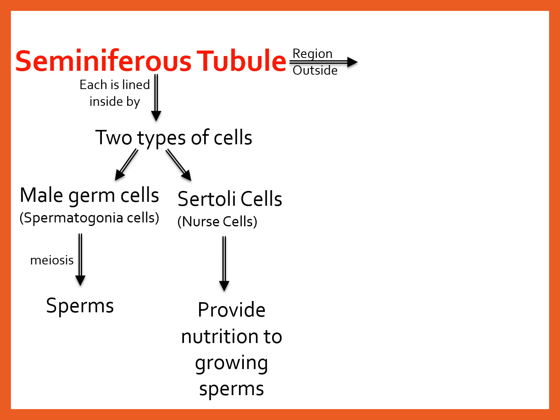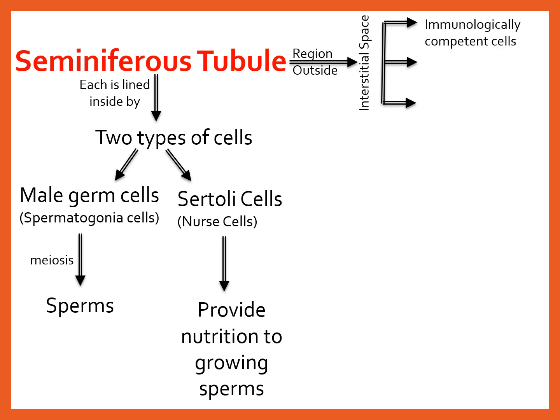Now, the region outside the seminiferous tubule is called the interstitial space. The interstitial space has three types of cells. One, the immunological cells. Two, the blood vessels. And three, the interstitial cells or Leydig cells.